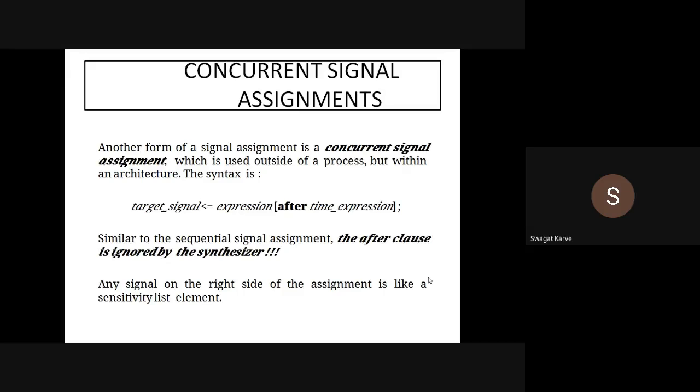Means before the end of architecture you have to use that. Similar to the sequential signal assignment statement, the after clause is ignored by the synthesizer, right? Now its syntax is target signal will get expression after time expression. Means target signal will get the new value after particular time. So this is the syntax of this concurrent signal assignment statement.